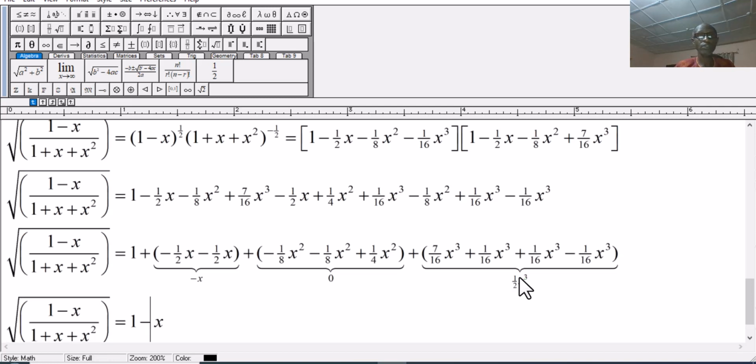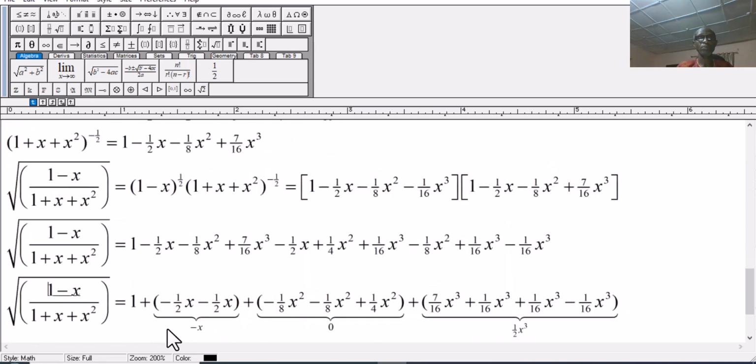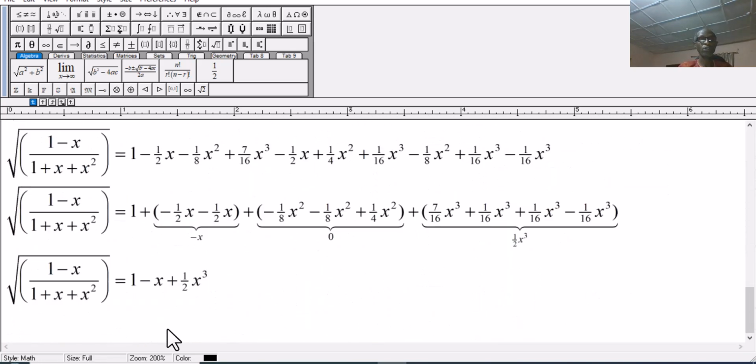So we have this. So this one is 0. I don't need to write it. So plus 1 over 2 x cubed. So this is going to be our final destination for this problem, for this particular question, this particular expansion.